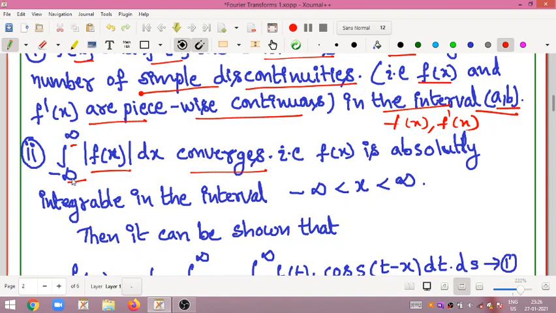That is nothing but f of x is absolutely integrable in the interval minus infinity less than x less than infinity. So if this converges, it is integrable in this interval.